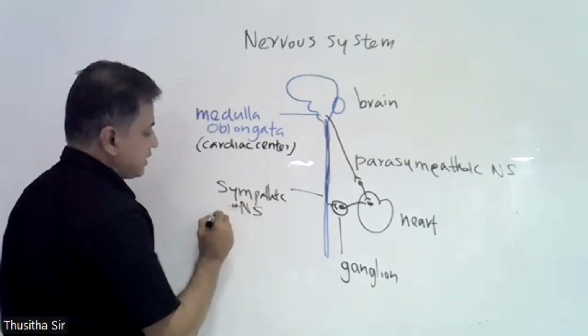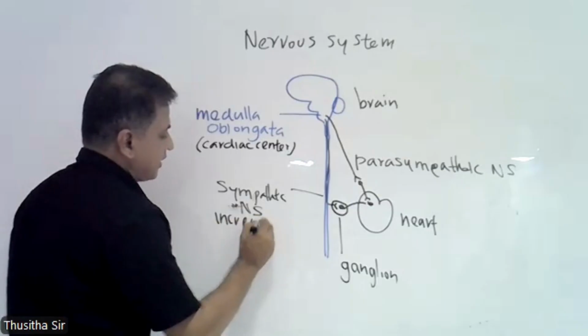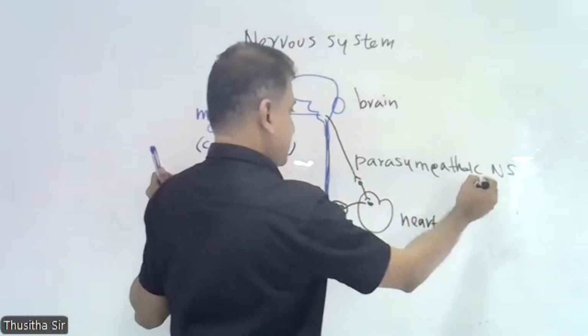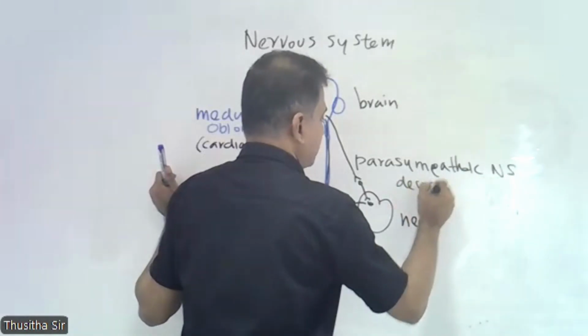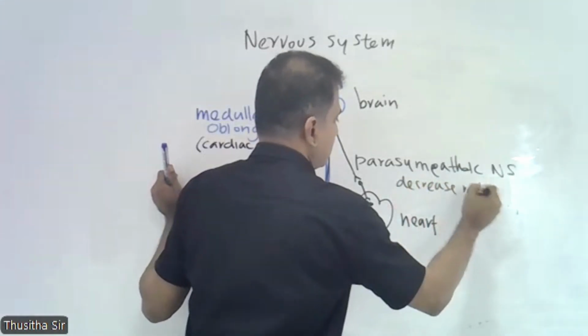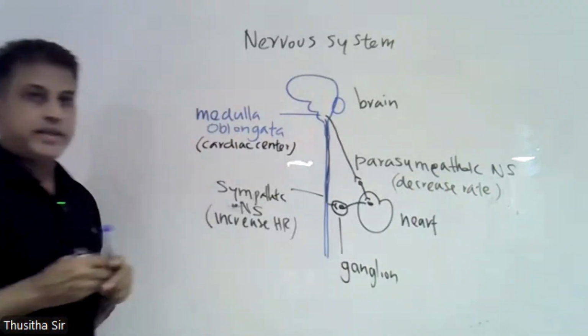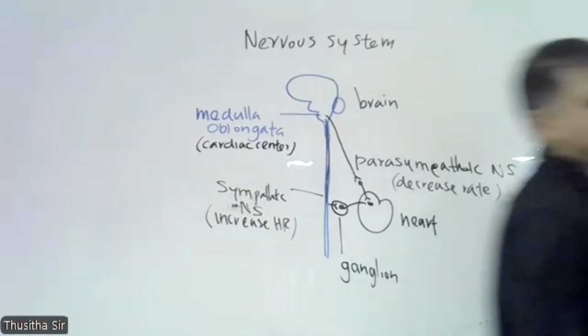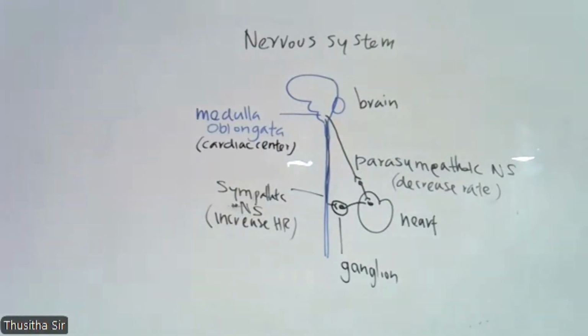So the sympathetic nervous system always increases the heart rate, and this one, parasympathetic, decreases heart rate. So then they work together, because heart rate increases during exercise. After exercise finishes, heart rate should decrease, and that is done by the parasympathetic nervous system.